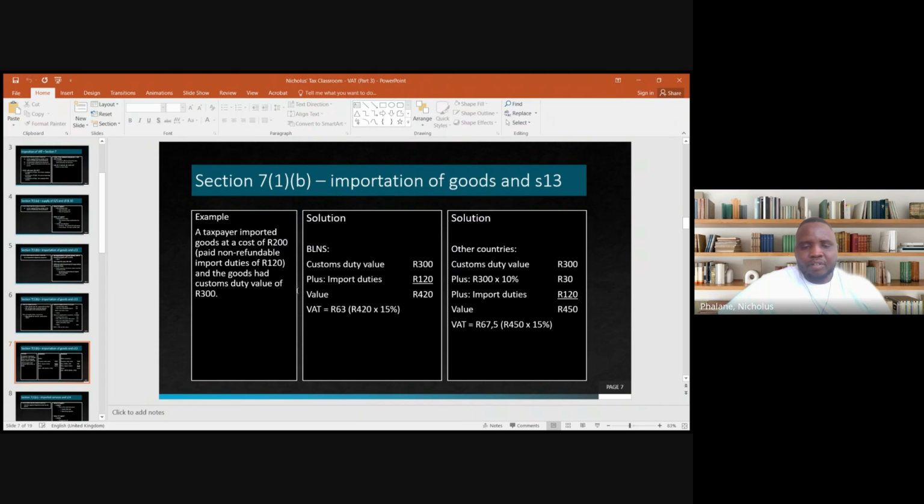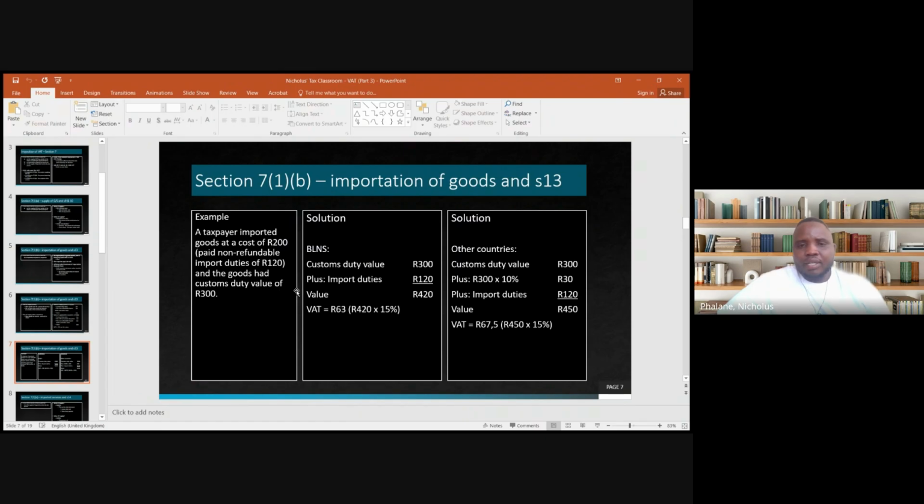If you are importing from BLNS, one of the 4 countries, the customs duty value is 300, then you add import duties. There is no 10% here because import duties are not charged when importing from one of these 4 countries. Then the value would be 420 rand. You multiply by 15% to get to a VAT of 63 rand.